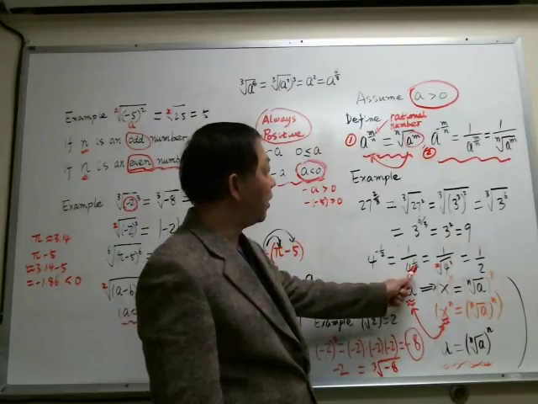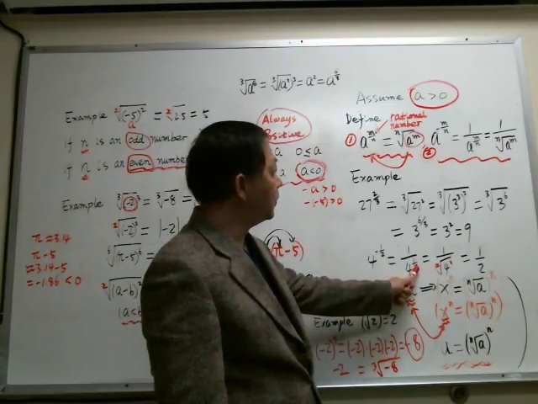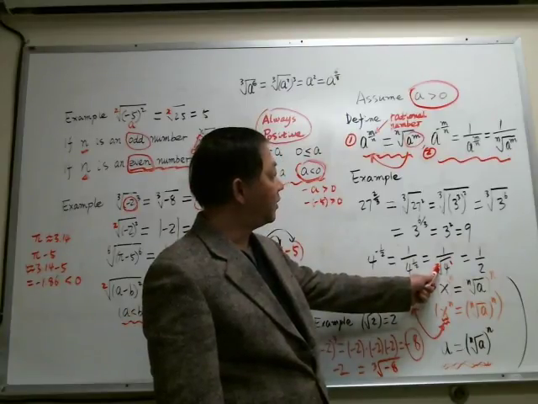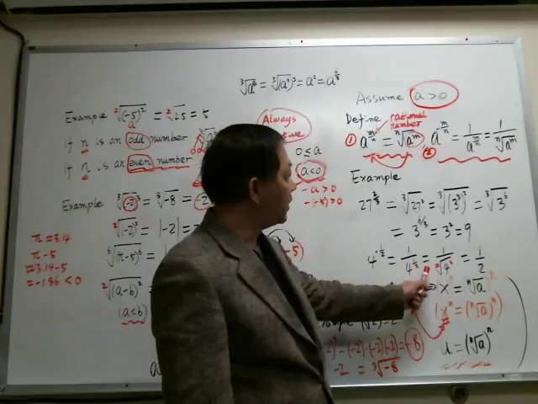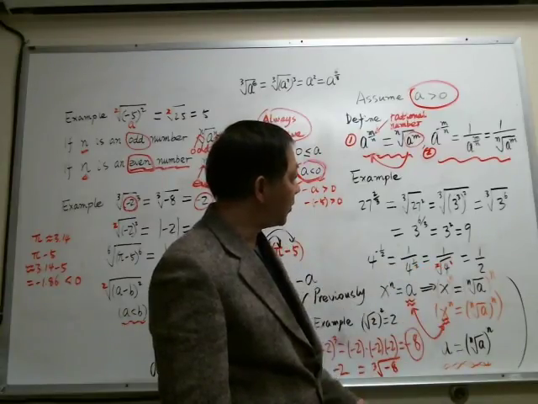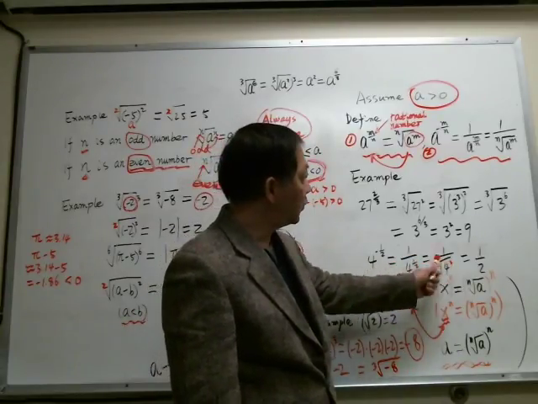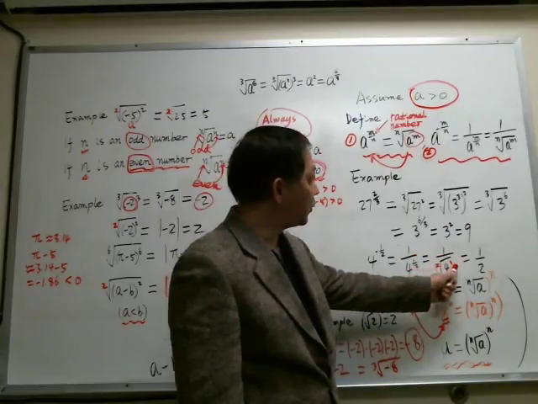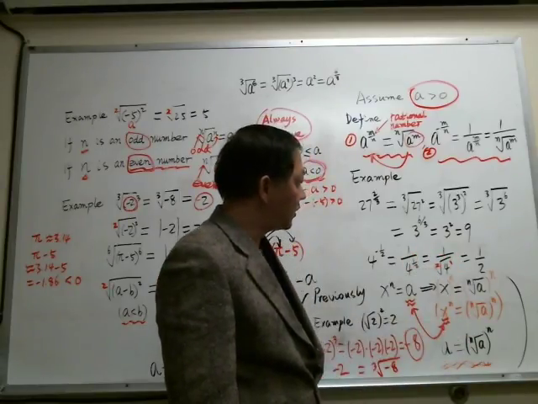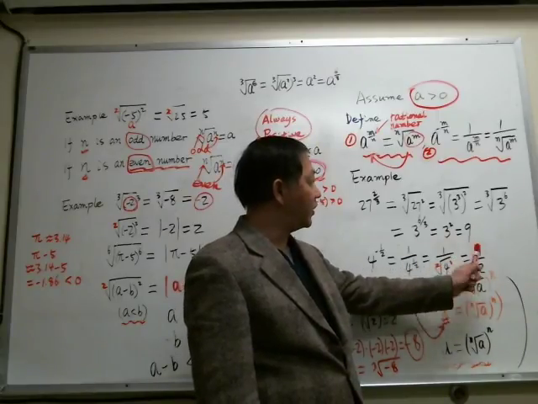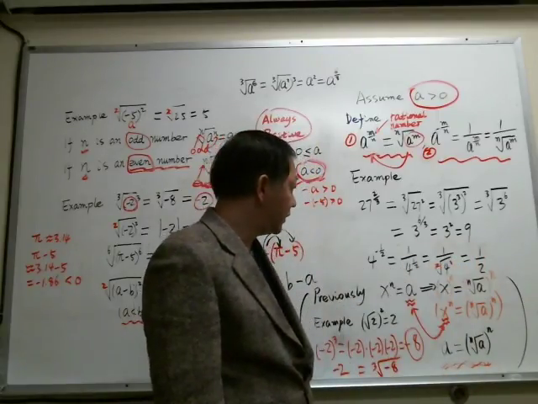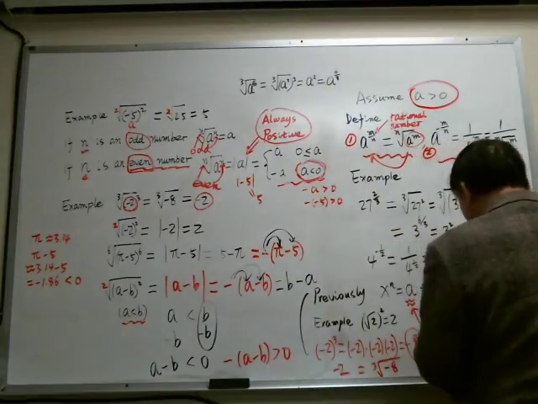Then the 2 on the denominator is going to be the radical exponent, and the 1 on the numerator is going to be the exponent. The square root of 4 is 2, so the final answer is 1/2.